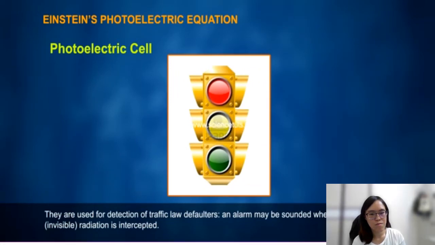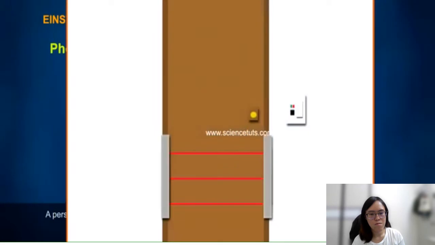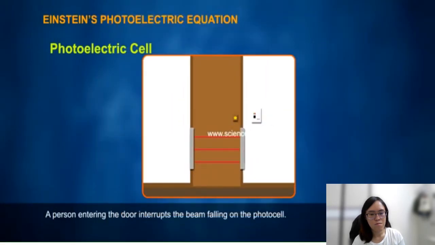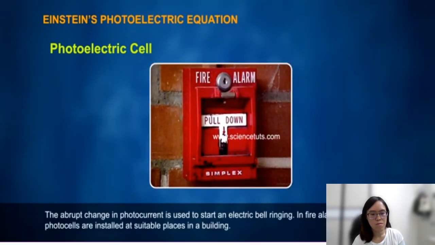An alarm may be sounded whenever a beam of invisible radiation is intercepted. In a burglar alarm, invisible ultraviolet light is continuously made to fall on a photocell installed at the doorway. A person entering the door interrupts the beam falling on the photocell. The abrupt change in photocurrent is used to start an electric bell ringing.